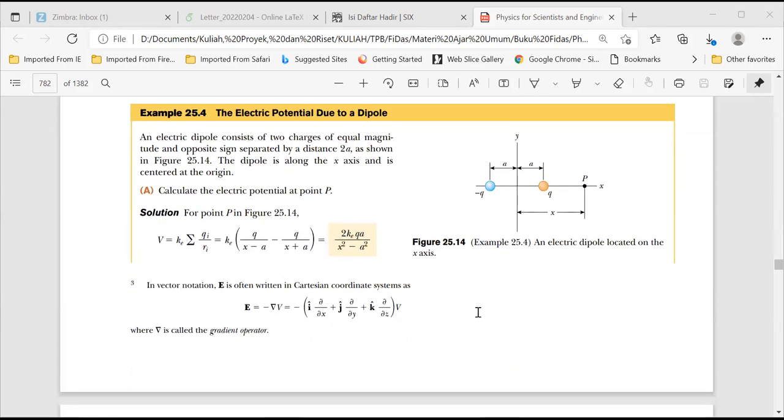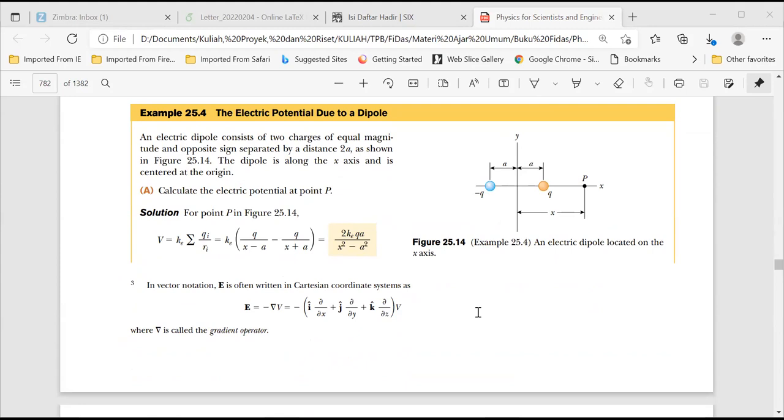So this is the example of a dipole. Dipole means that we have two charges with opposite signs.